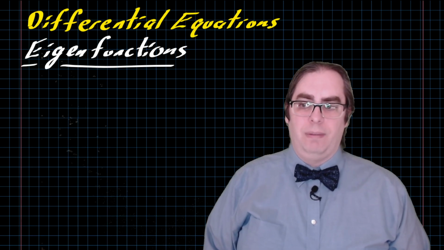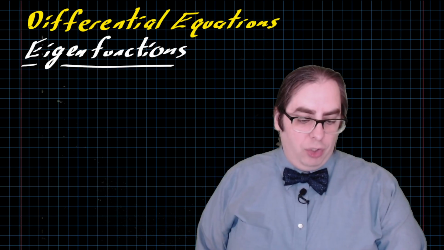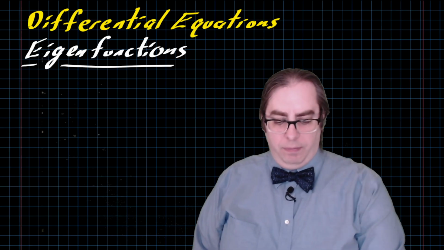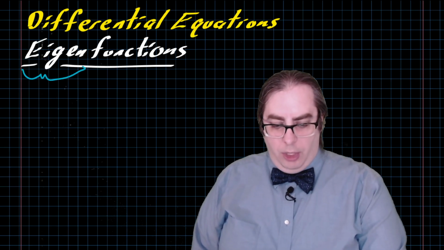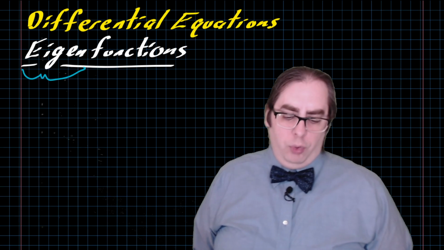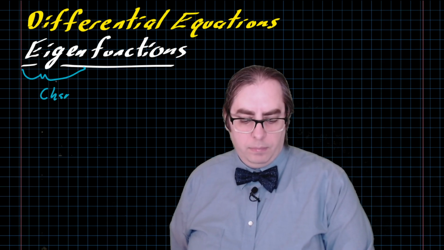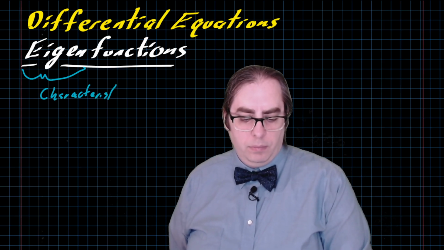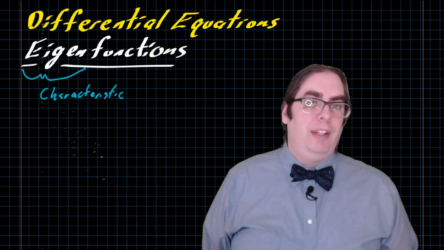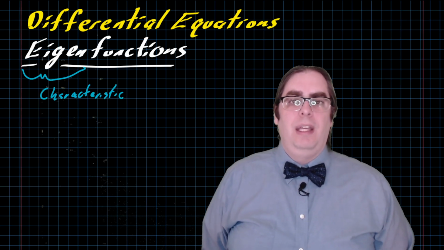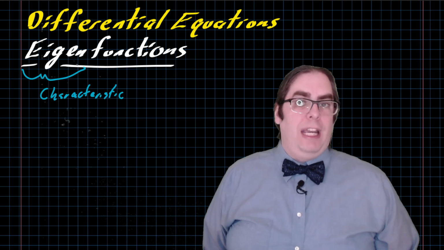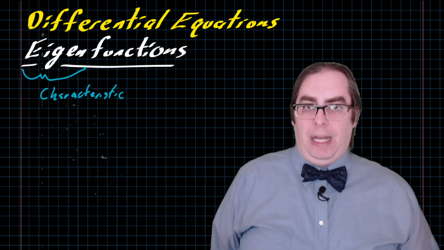I guess I should start with the word eigenvalue or eigenfunction itself. The prefix eigen, E-I-G-E-N, is a German root that I usually see translated as characteristic. The eigenfunctions of a boundary value problem are characteristic of that boundary value problem.